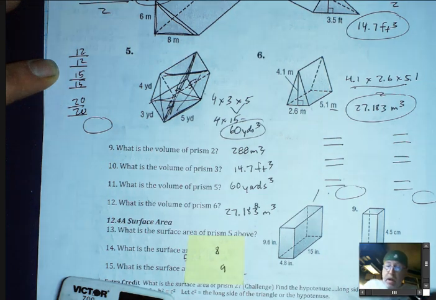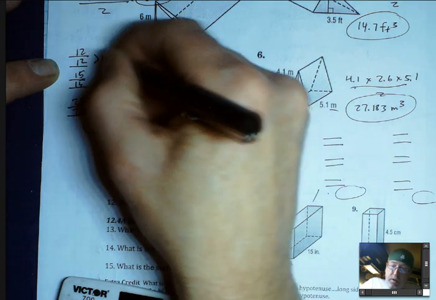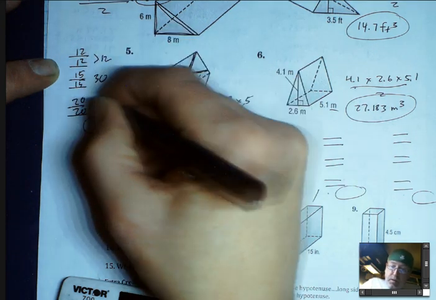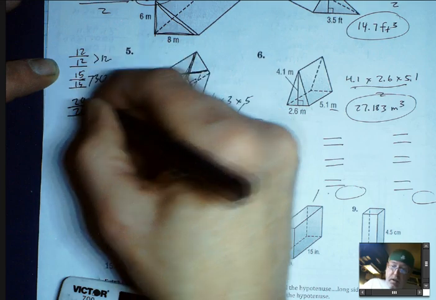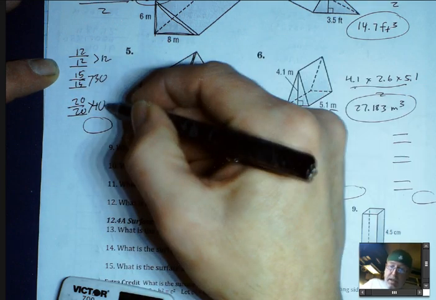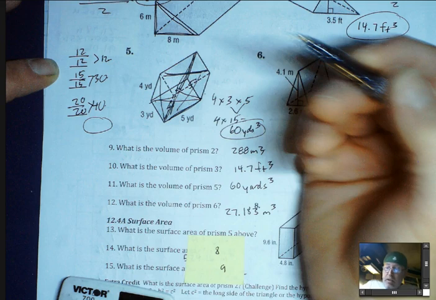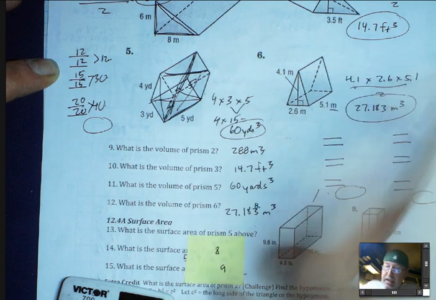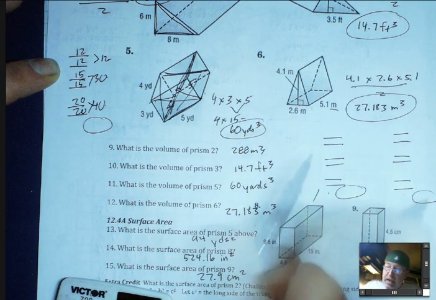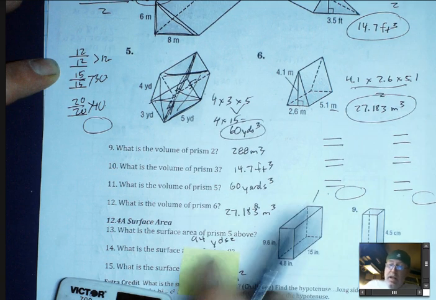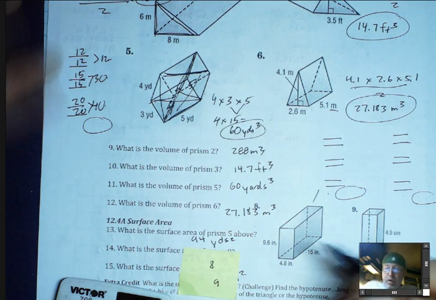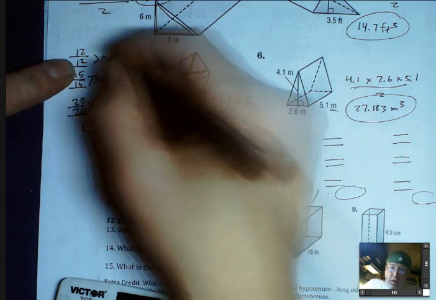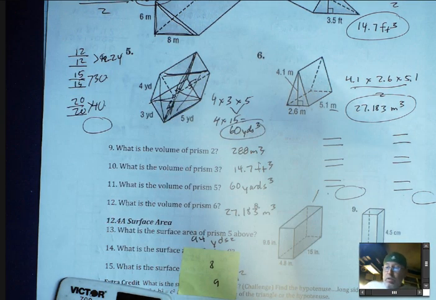All right, so those are my measurements. This is 12. This is 30. This is 40. We add those all together and we've got a total of 94 yards squared. 40, 30, and this is 24. Equals 94.